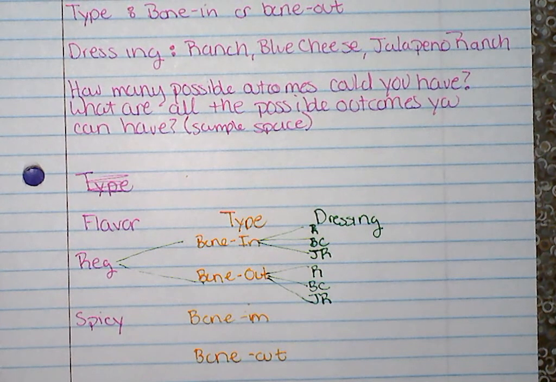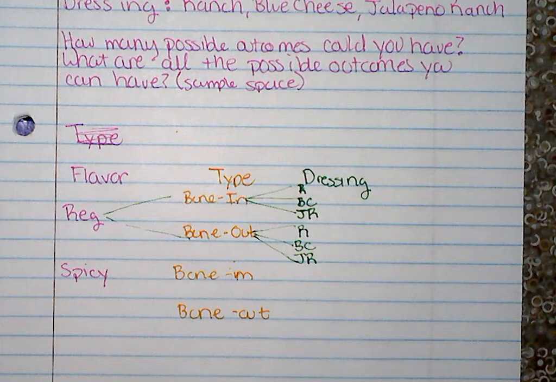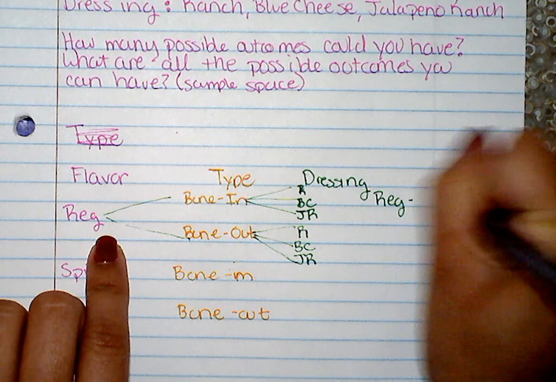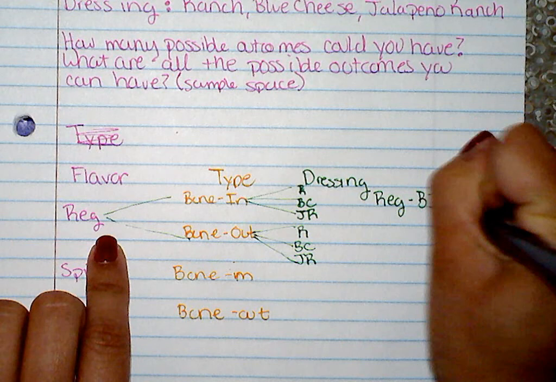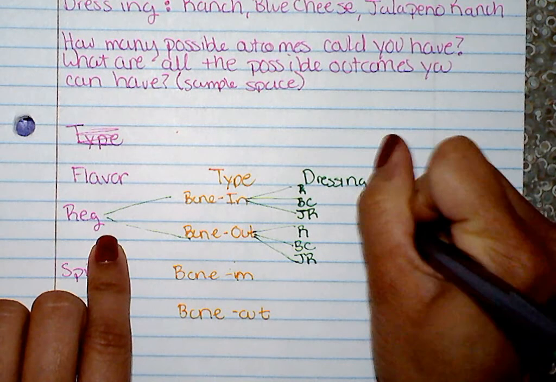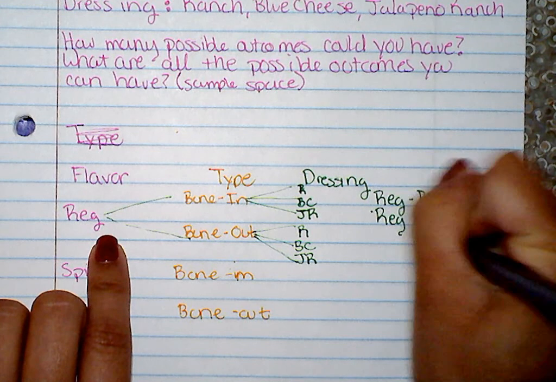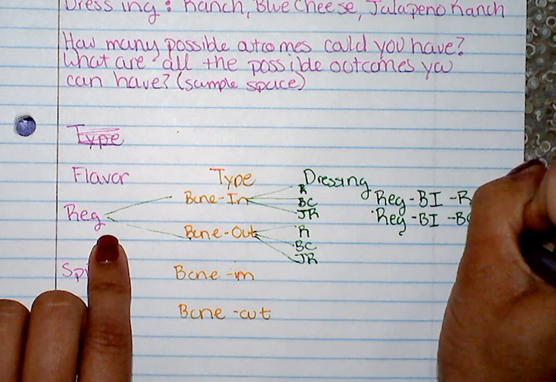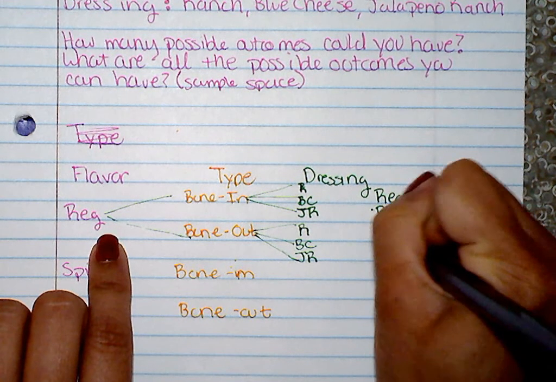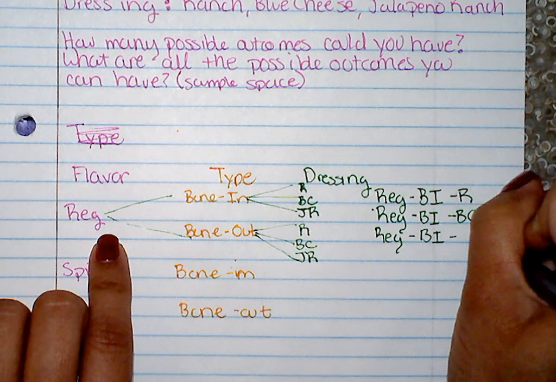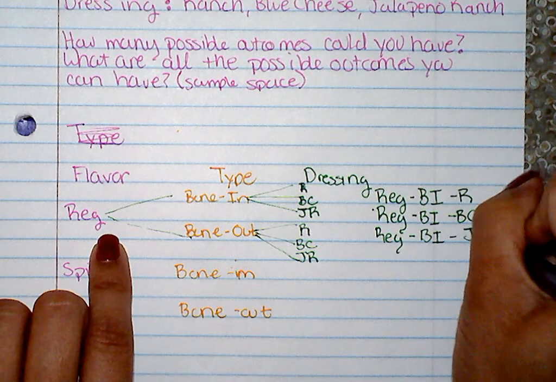If you want to, you can draw it this way too. I like it this way. So one of my options is regular, bone in with ranch, regular, bone in with blue cheese, regular, bone in with jalapeno ranch.